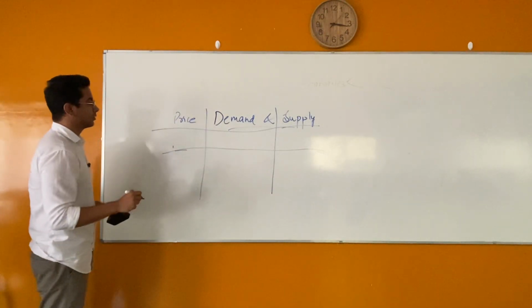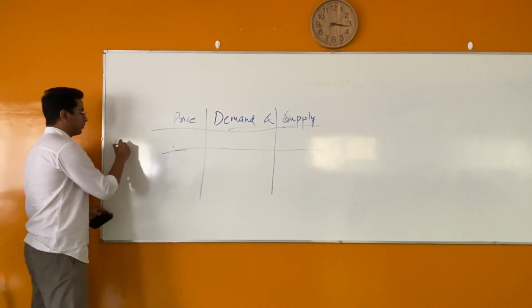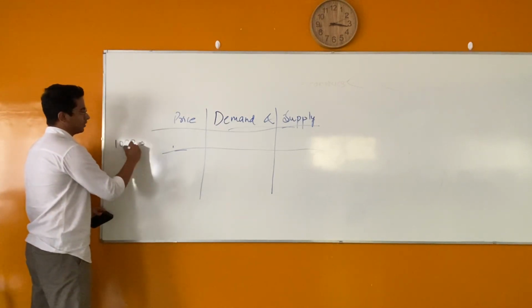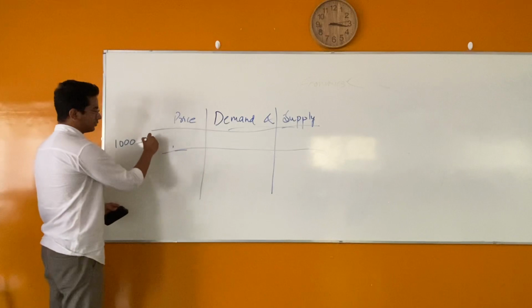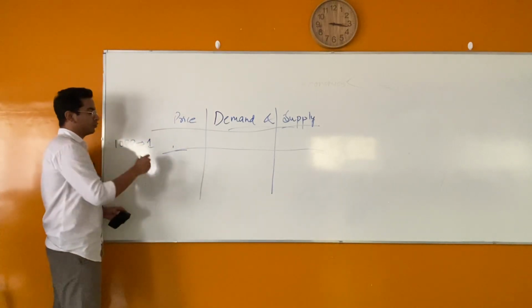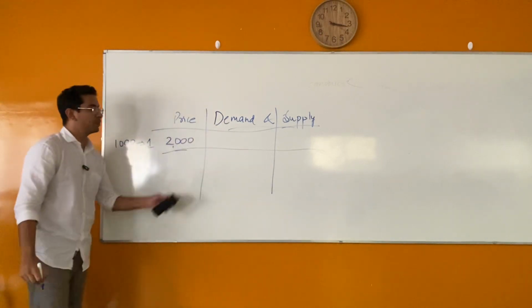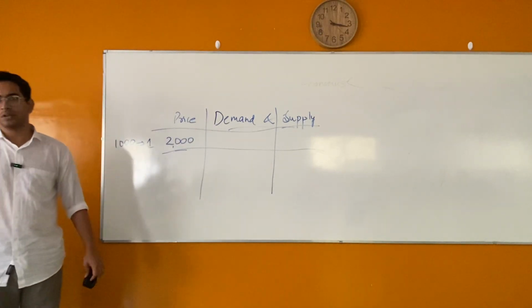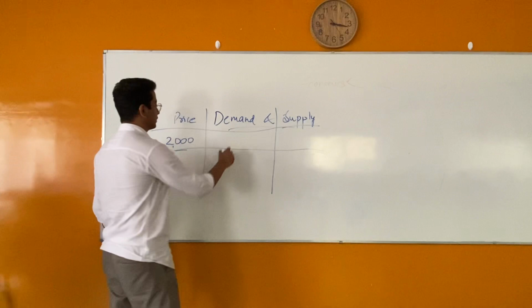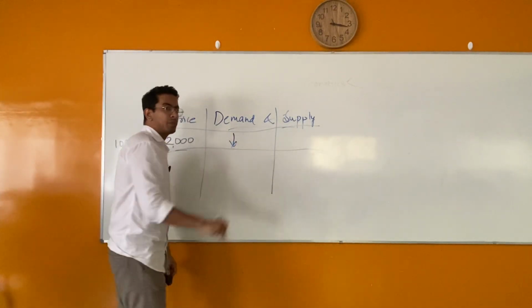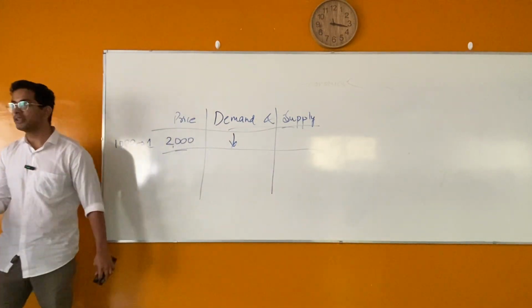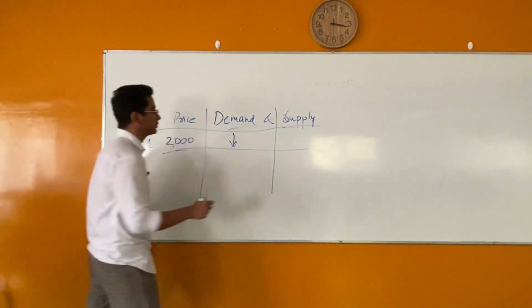Think for 1,000 rupees you could buy one book. Now the price has increased to 2,000. What will happen? Demand will decrease. And what about the supply? It increases. It's the opposite.